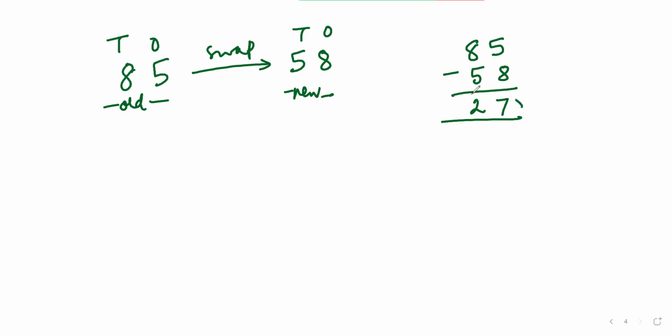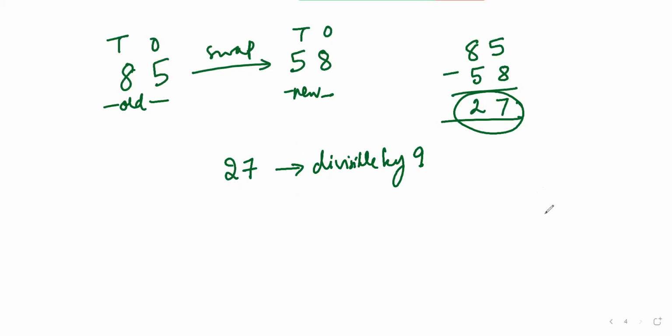Now, what is this 27? 27 is divisible by what? 9. Okay, 27 is divisible by 9, as you can see. And of course, what is divisible by 9 will also always be divisible by 3 as well.